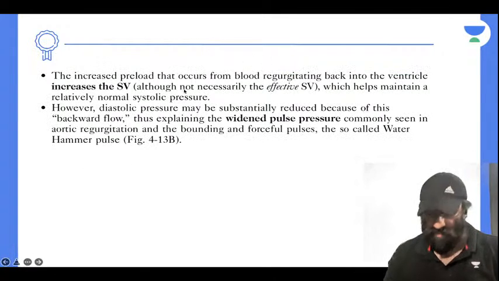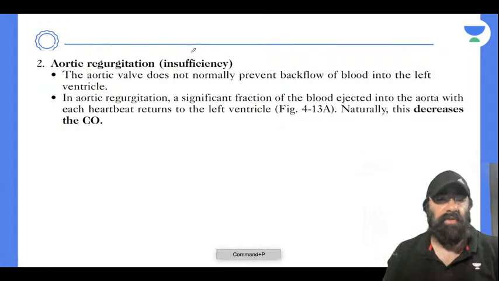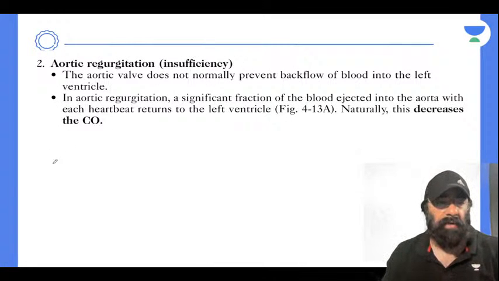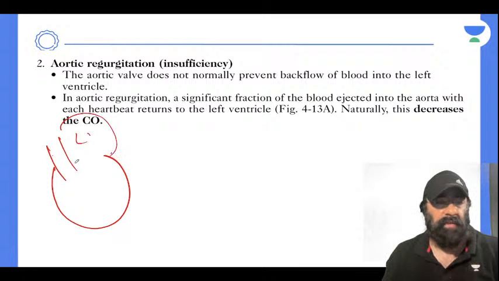It is the aortic valve insufficiency. So the basic idea here is that the left ventricle has the aortic valve, and the left atrium has the mitral valve. Aortic regurgitation means the aortic valve is leaking back into the ventricle.